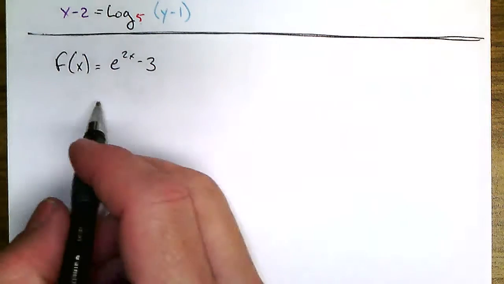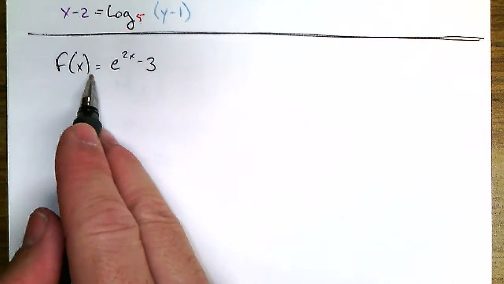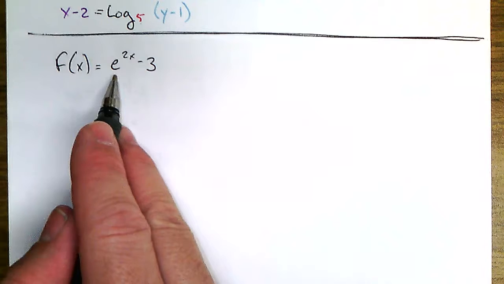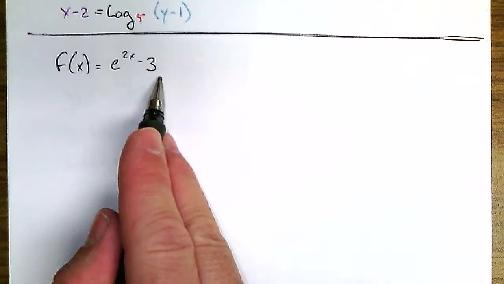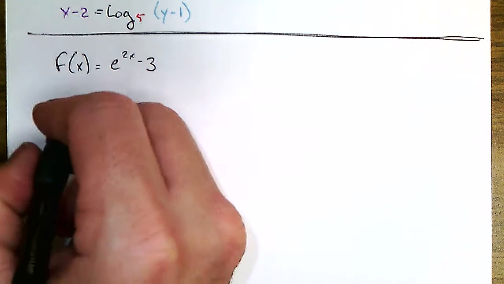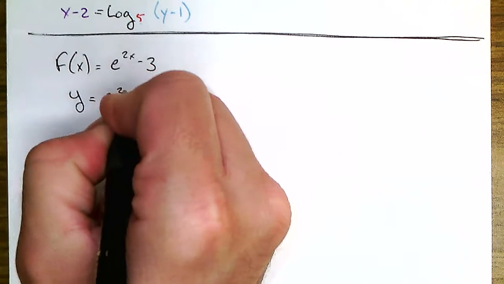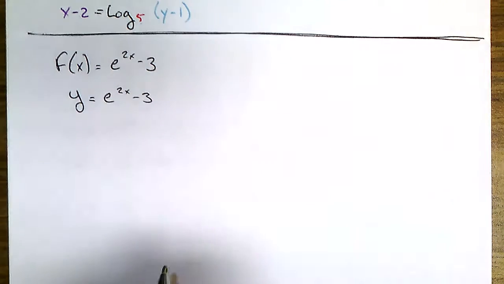Okay, so let's take a look at another example, this time finding the inverse of an exponential function. In this case, we have f of x equals e to the 2x minus 3. So first step, I'm going to write this as y equals e to the 2x minus 3.